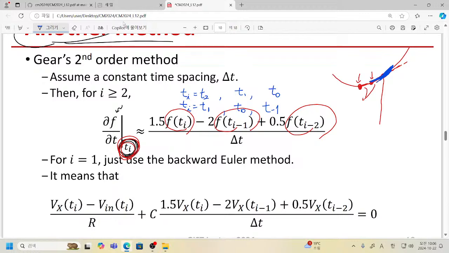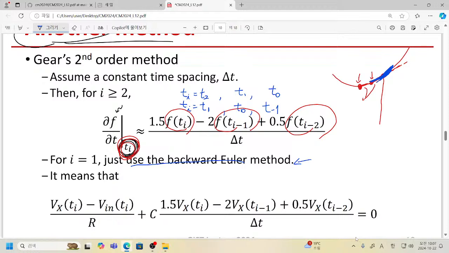And do we have a t minus 1? Oh no, we don't. So in this case, we just use a backward Euler scheme. Because backward Euler scheme just requires 2 points, at the beginning we just take this one. After that, we switch to the Gear's second method, then it gives you a certain value.